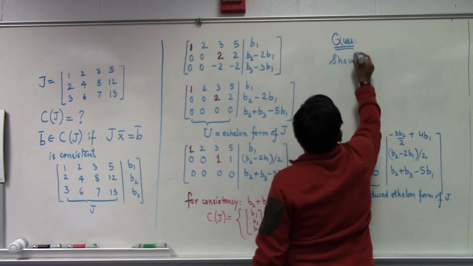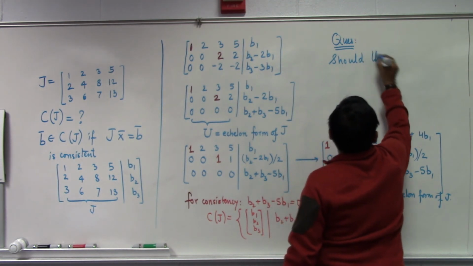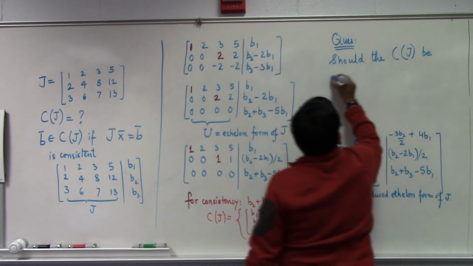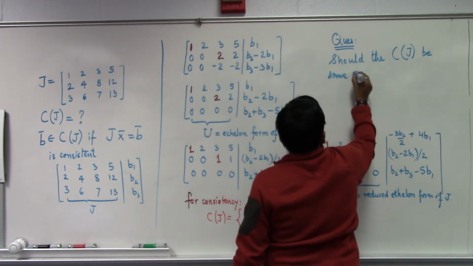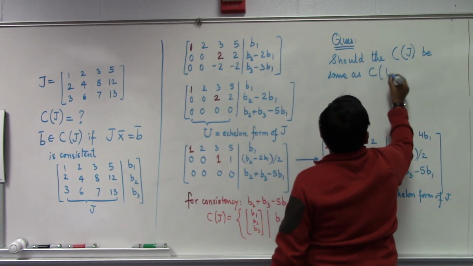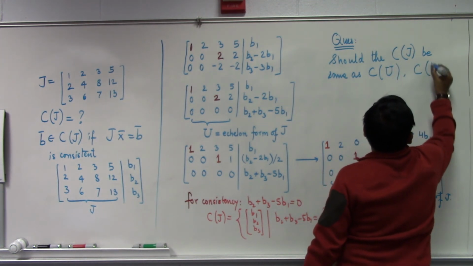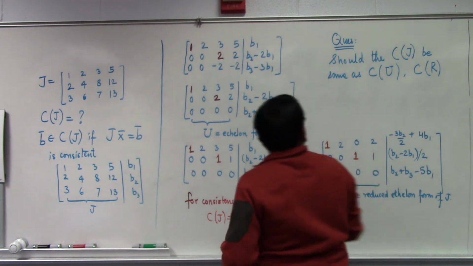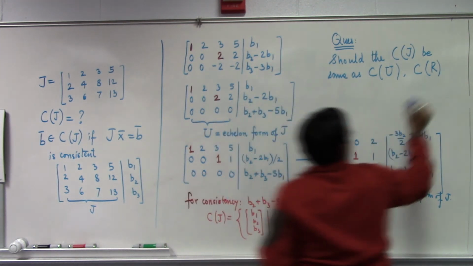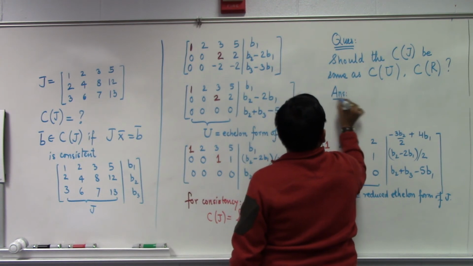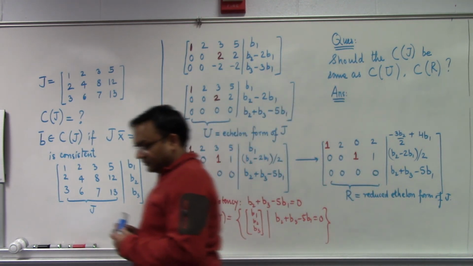So here is the question we are asking. Should the column space of a matrix J be the same as the column space of its reduced forms, echelon form or row reduced echelon forms? This is a common myth that one has to suffer with.